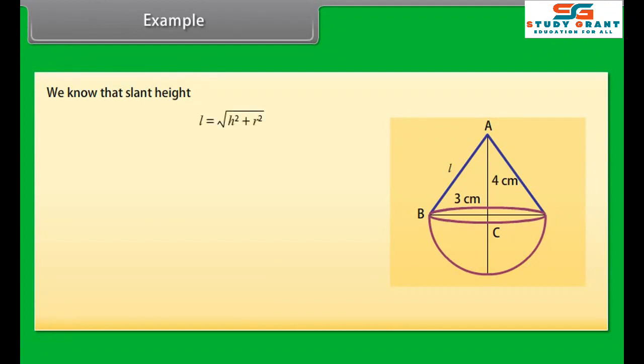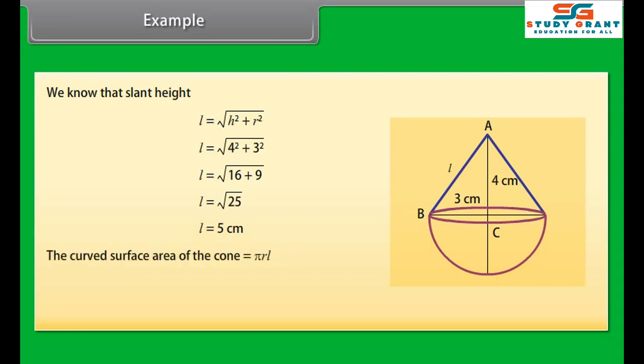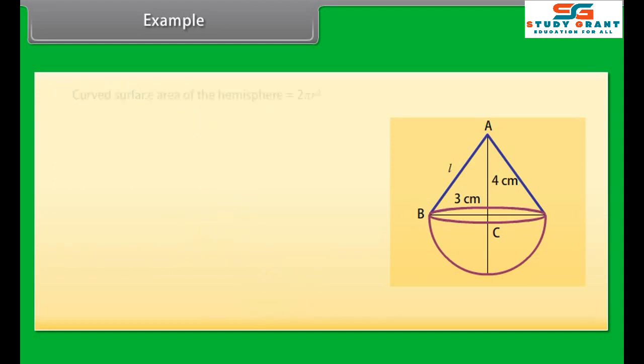The curved surface area of the cone is equal to pi r l. So, now we have to find the value of l, slant height. We know that slant height l is equal to square root of h square plus r square, which equals square root of 4 square plus 3 square, which is equal to square root of 16 plus 9, which is equal to square root of 25, which equals 5 cm.